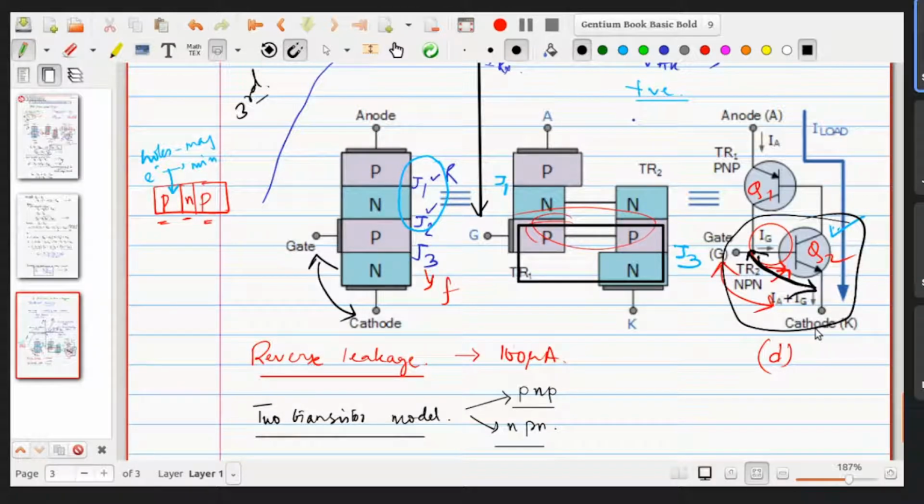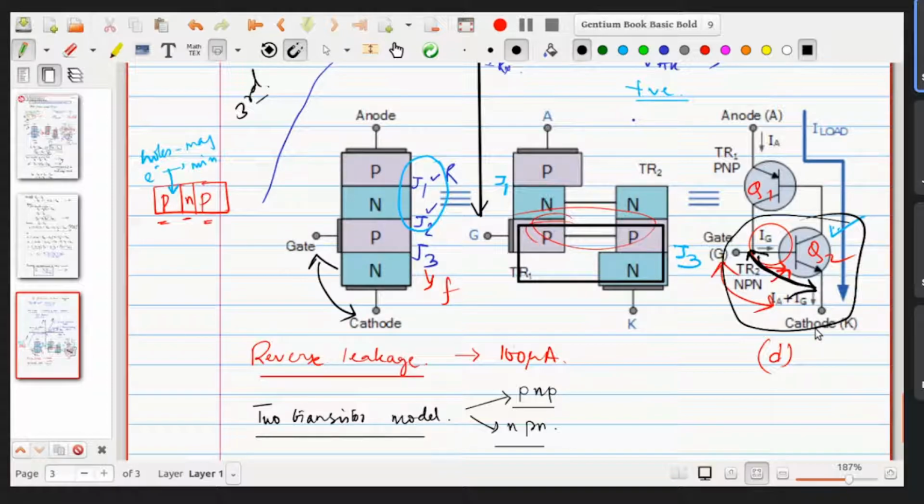So if we now apply a positive voltage between the gate and the cathode, then the device may turn on with even some lower anode to cathode voltage. And if the gate current, that is our control, is slightly larger than the leakage current, it will have a very, very small effect on the anode to cathode voltage for switching on.